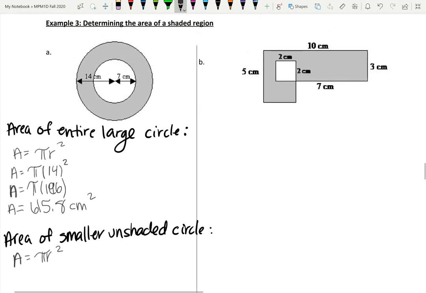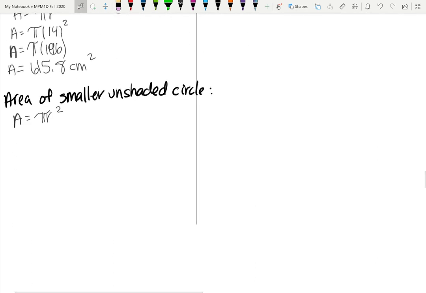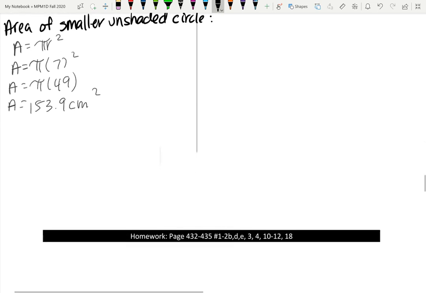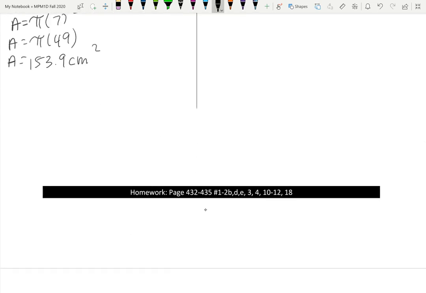The radius of the unshaded area is 7 centimeters. Okay, so now I'm going to take 153.9 away from my total area to find the area of the shaded region.